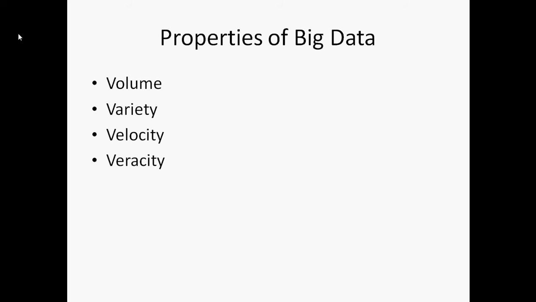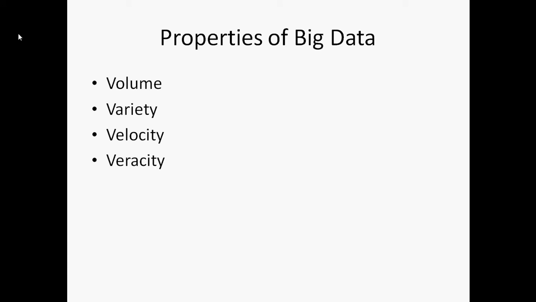But the data you are getting nowadays comes from various sensors, weather sensors, parking sensors, and from social media channels like YouTube, Facebook, Twitter, where you have text data plus audio plus video plus images.